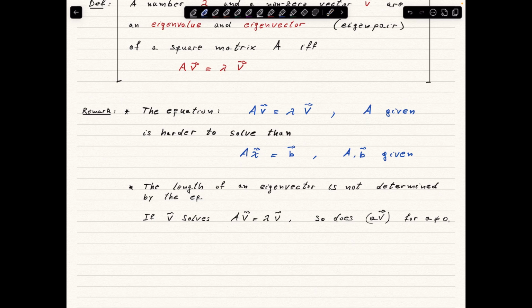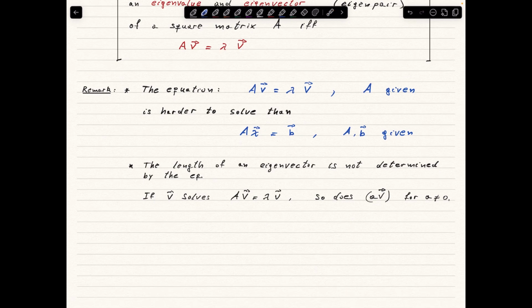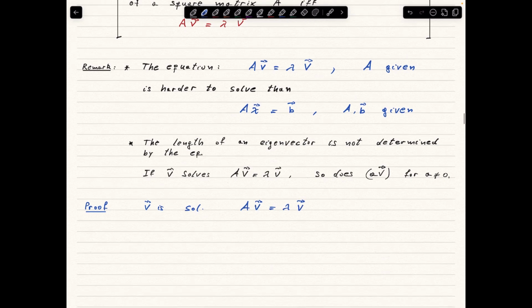To see that, let's write a little proof of that statement. Suppose v is a solution of the equation Av equals lambda v. Now let's multiply the whole equation by a, any non-zero number a.